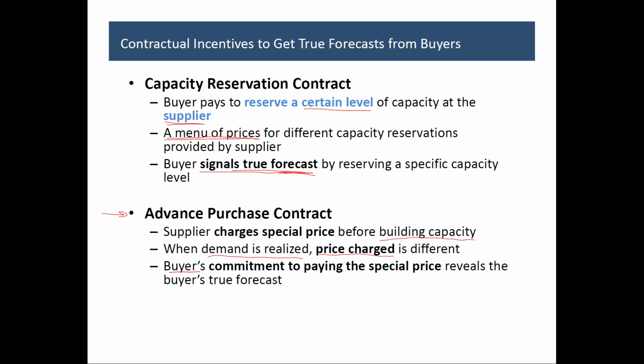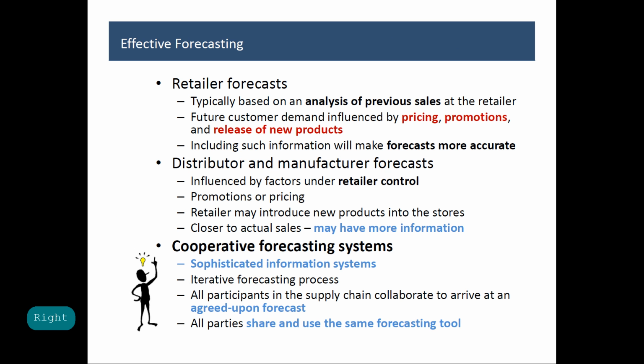So once again, the buyer would commit to pay a certain price for the items, so that he would reveal his true forecast, because otherwise he would not make a contract with a special price to be charged.